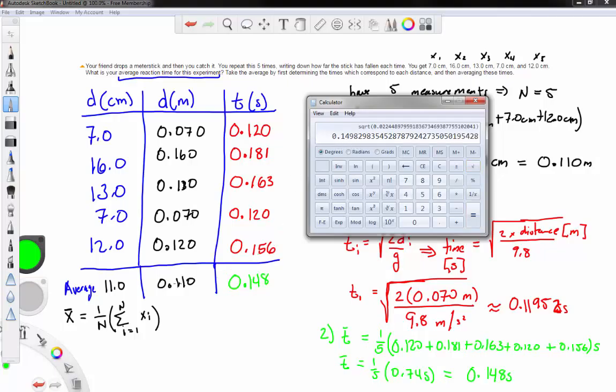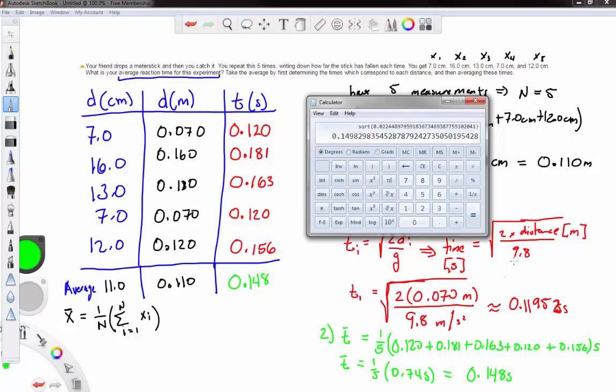You can almost use this as a sort of double check, but I would maybe not recommend doing it this way because you could be led astray by wanting to then say, oh, well, it must be 0.15. If you only rounded to two significant figures, then yeah, sure, it's still 0.15, but you can see that there is some difference.